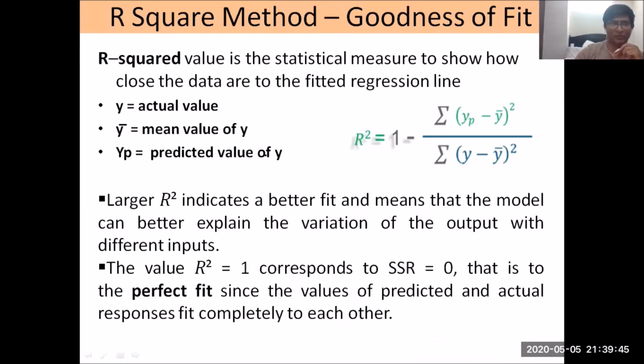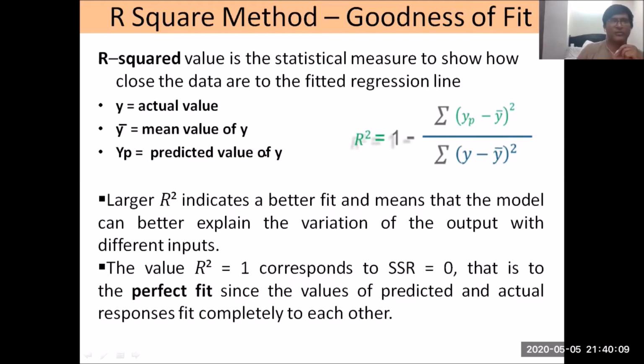The data is what we are trying to fit, so there must also be the actual y, the actual response. We need to understand how well my regression line has fitted into my data. If the error between the actual and the fitted value is less, that is what we wanted to calculate.